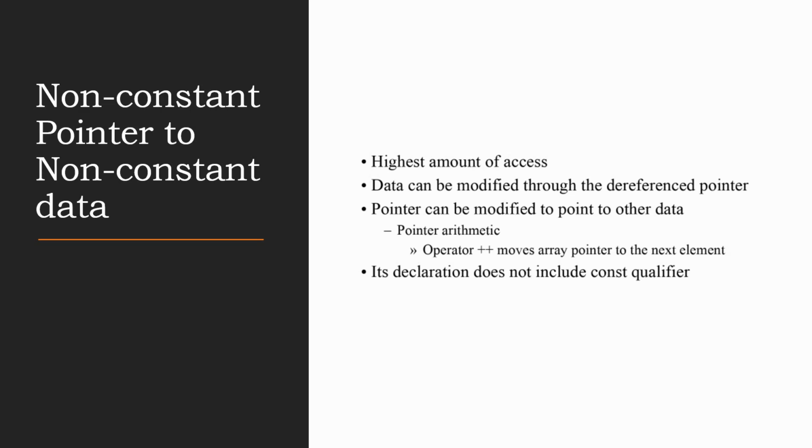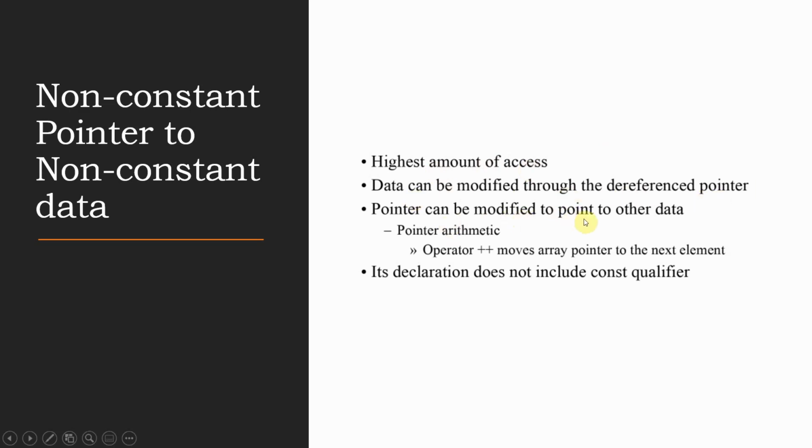As you can see, in this non-constant pointer to non-constant data, both the pointer and the data are not bounded. So it means that a high amount of access: data can be modified through the dereferenced pointer.